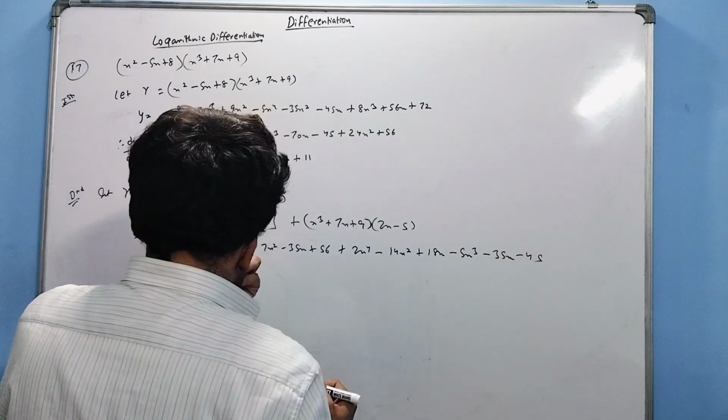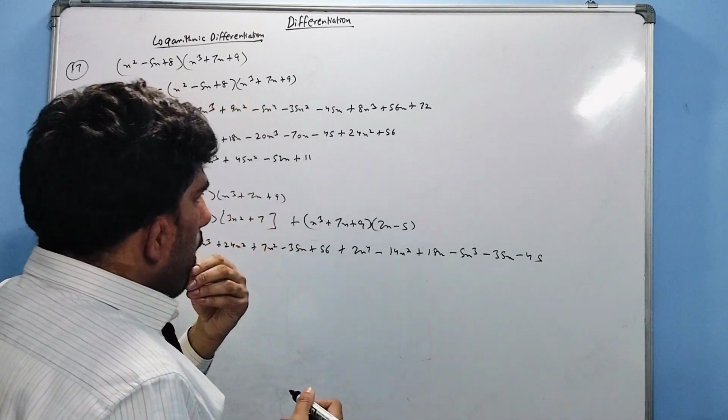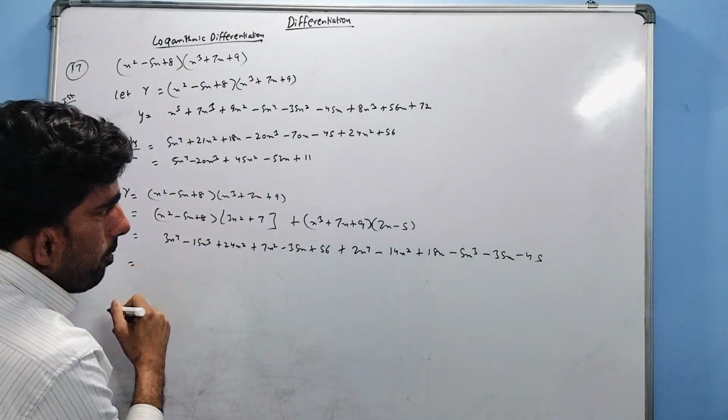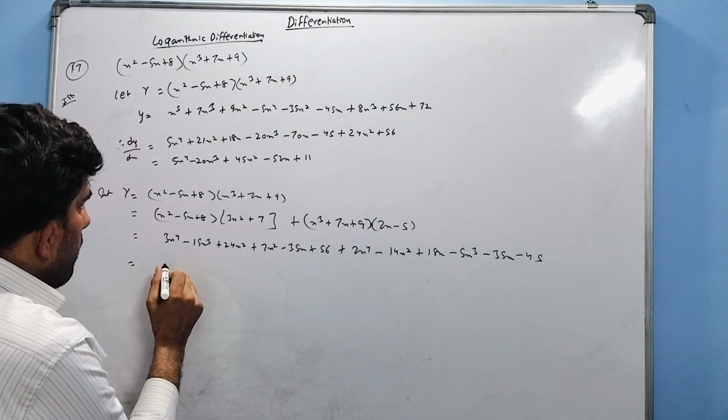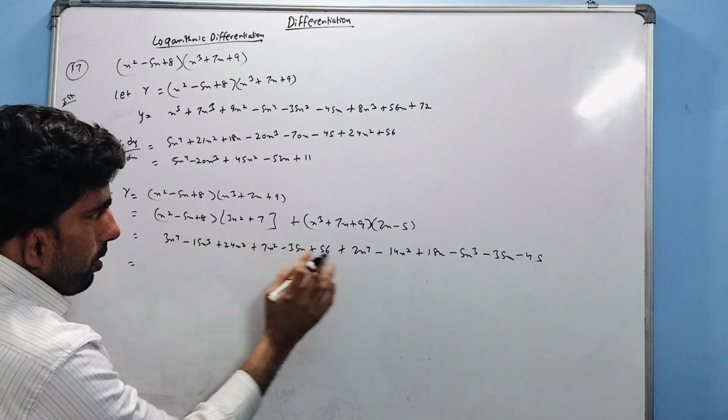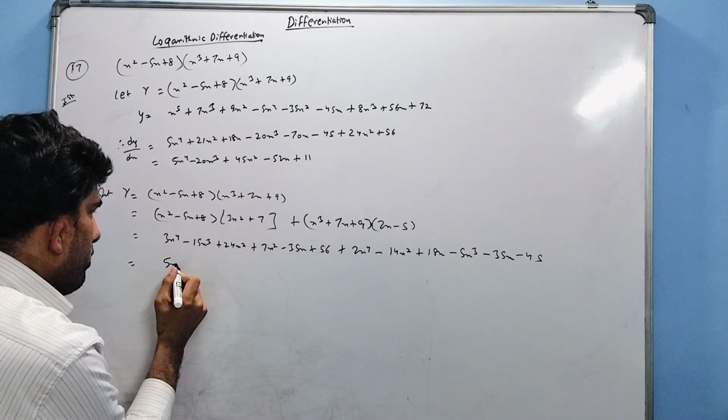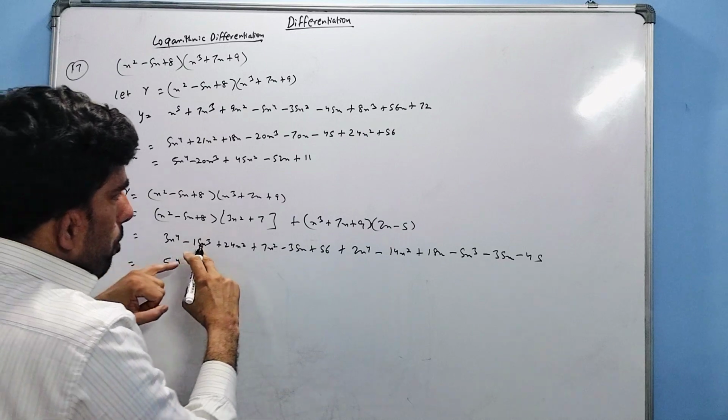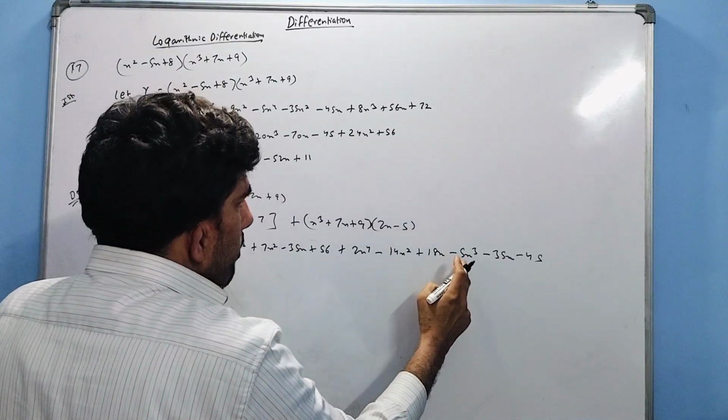Okay, so now we'll try to solve this. We have 3x4 plus 2x4, that is 5x4, then 15x cube and 5x cube, which will be minus 20x cube.